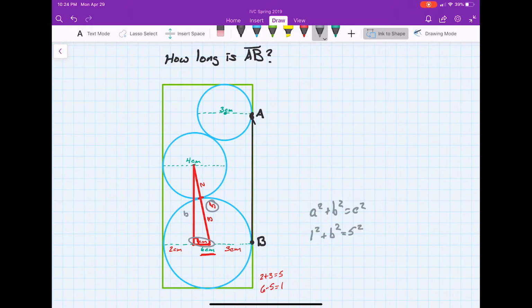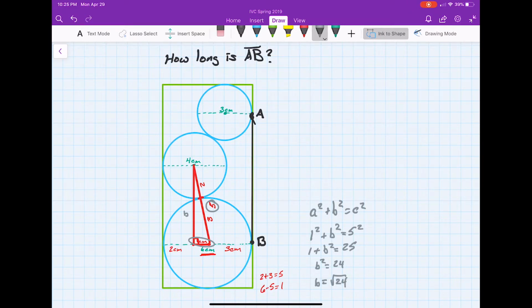So 5 squared. 1 squared is 1, plus b squared equals 5 squared is 25, so that's equal to 25. Subtract the 1 from both sides. We got b squared is equal to 24. And then square root of both sides would make b equal to the square root of 24.